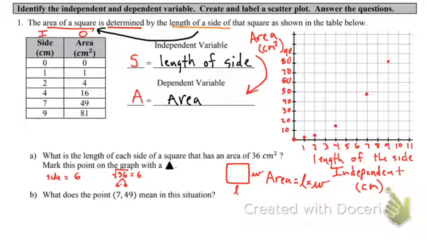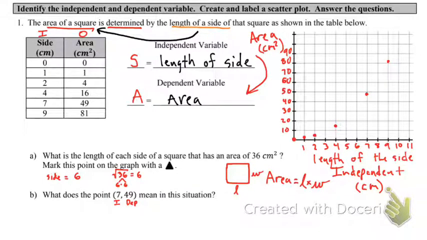What does the point (7, 49) mean in this situation? Remember, we get these points from the input, output, independent, dependent. So this is the independent variable, and this is the dependent variable.